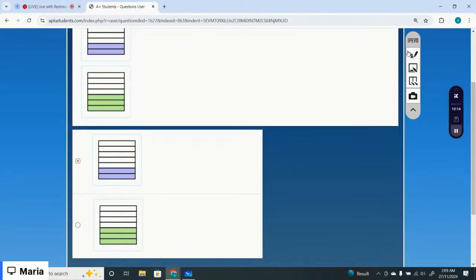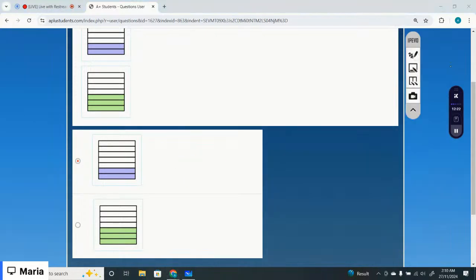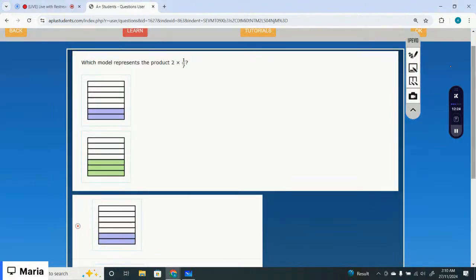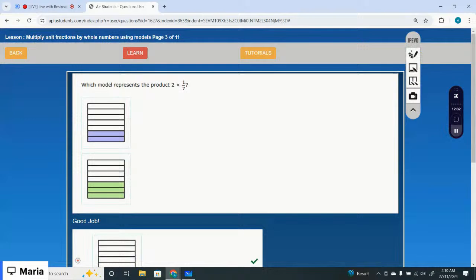Option number 1 is the correct option. You can see this one has two portions colored, right? And two portions out of 7. So 2 by 7 it is. When you multiply 2 times 1 by 7, that would be 2 over 7. Got it? So option number 1 is the correct option.